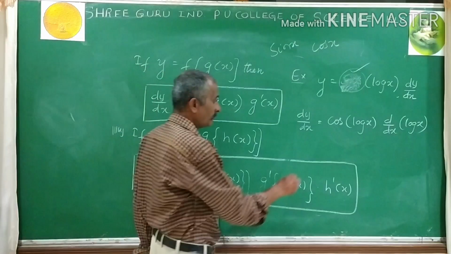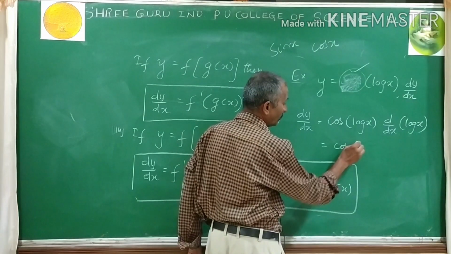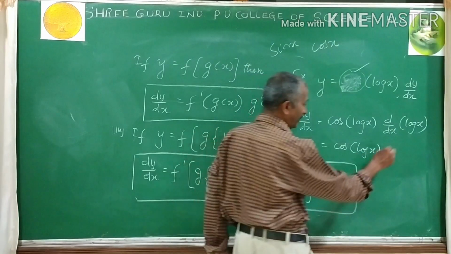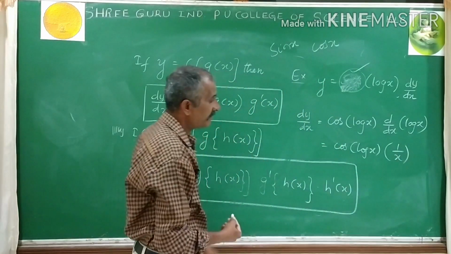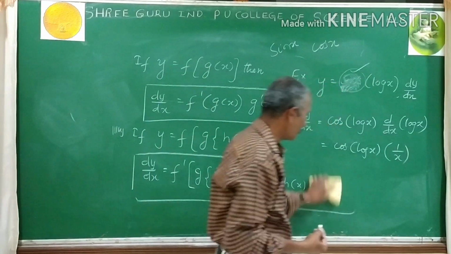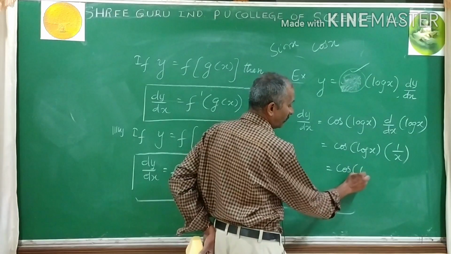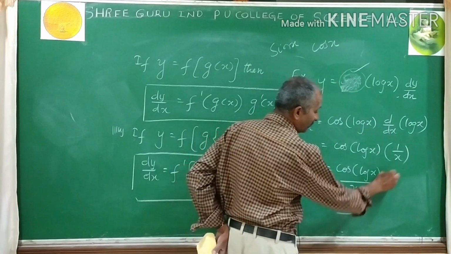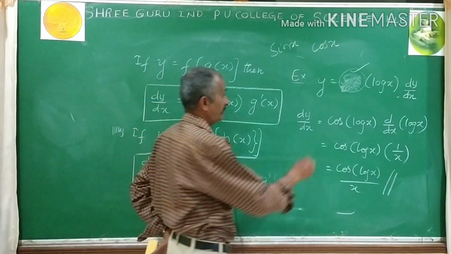That is equal to cos of log x into the derivative of log x, which by the standard list of formulas is given by 1 divided by x. Further, you can write one more step as cos of log x whole divided by x. This is the net answer for the differentiation of sine of log x.